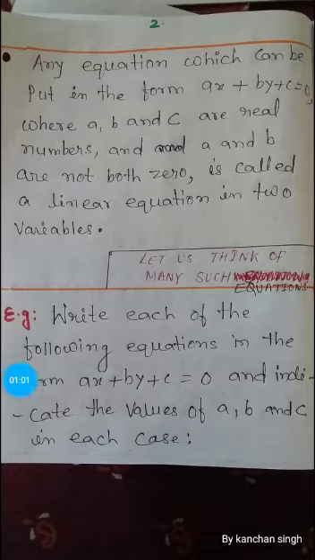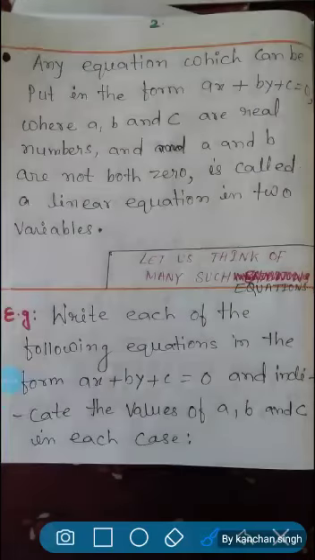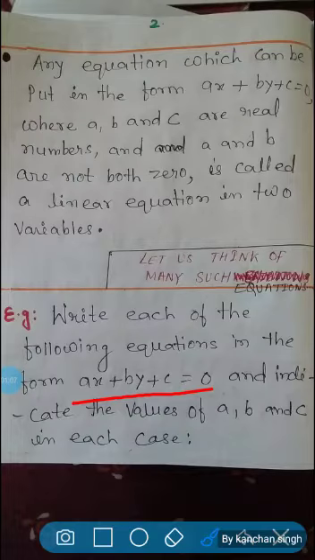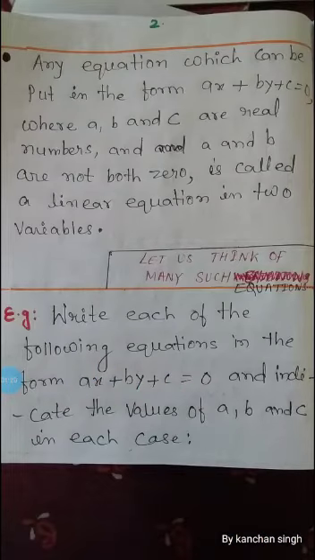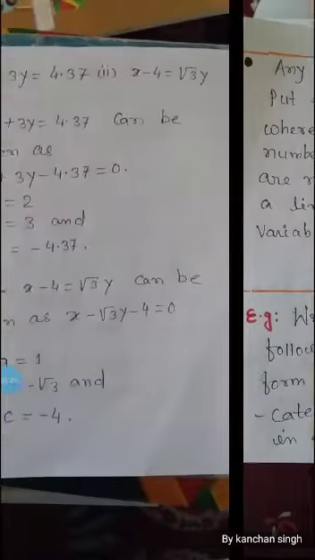But first you should recognize what the values of a, b and c are. Now look here very carefully. Here our variables are x and y. If you are seeing a, b and c, don't get confused. It is an example of whether you are able to recognize which one is the variable and which one is the coefficient.